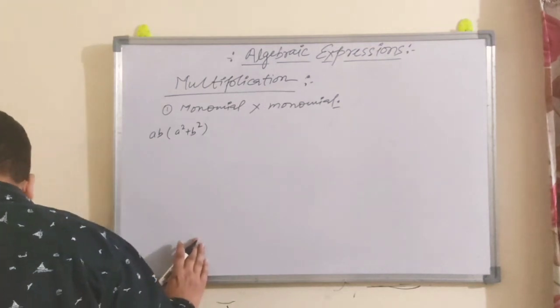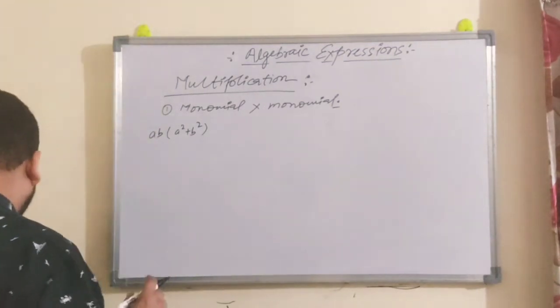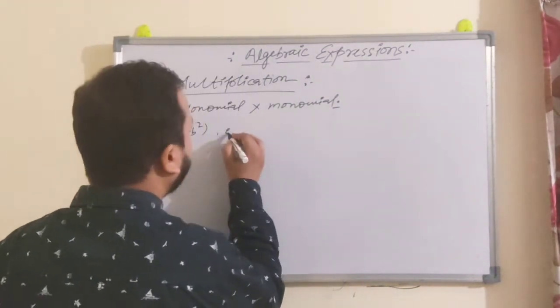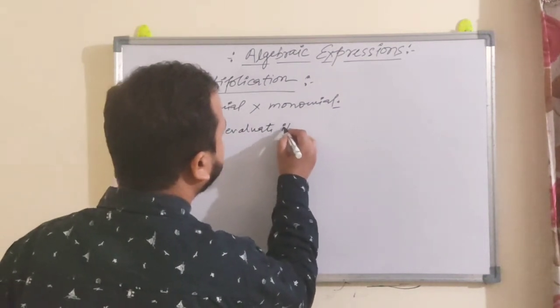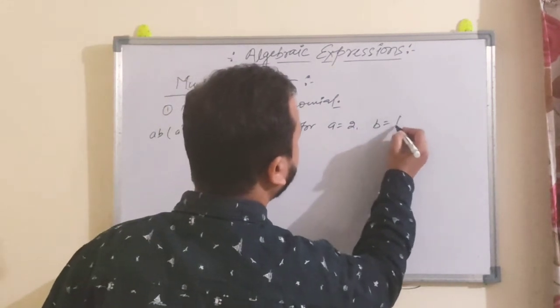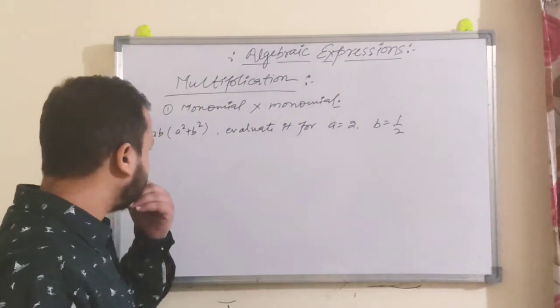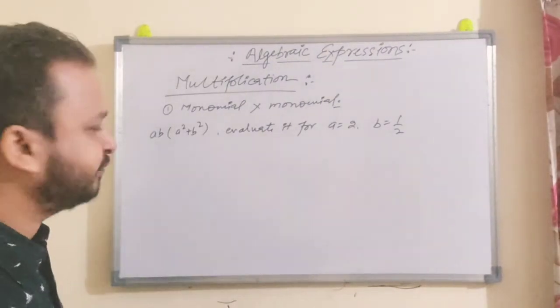This product you have to find, and again you have to evaluate it for A is equal to 2 and B is equal to 1 by 2. First we have to find the product, and after that we have to evaluate for these given values.